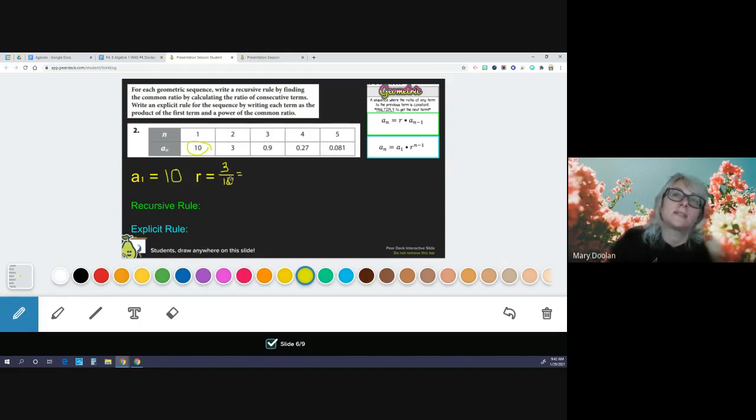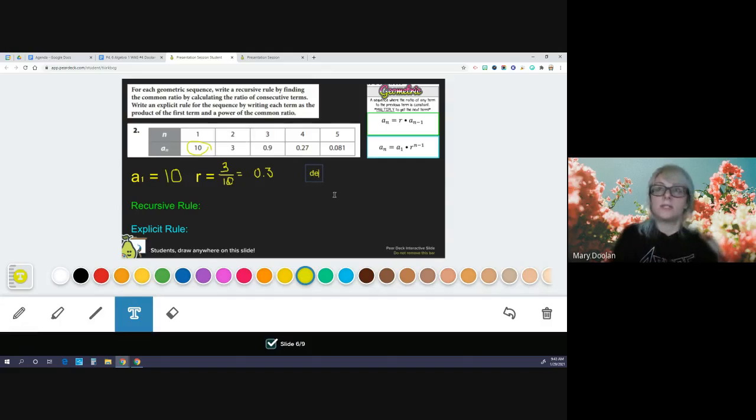All right, so 3/10. I can't simplify that to 1/3. It's not 1/3. But I can write it as a decimal. 3/10 is 0.3. So I write it that way. But it's not 1/3. It's 3/10. And if you look at these numbers, they're getting smaller as you move forward. So this is a decreasing geometric sequence.